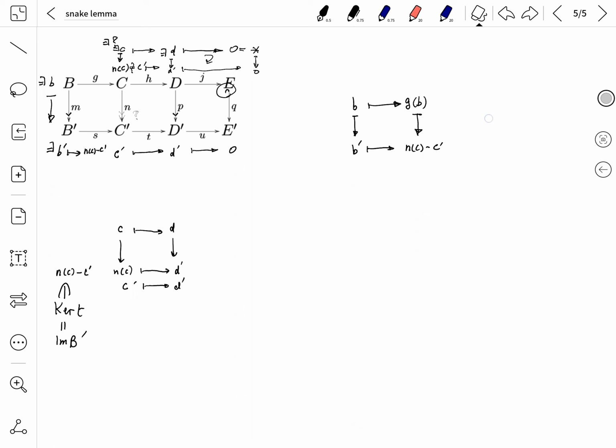You just change at the beginning to be C prime minus NC, and then find the pre-image of that element. Because this is again also in the kernel, and then you find this B prime to be the pre-image of this C prime minus NC. And then if I take a pre-image of this B prime to be B, in this case it will be like this.